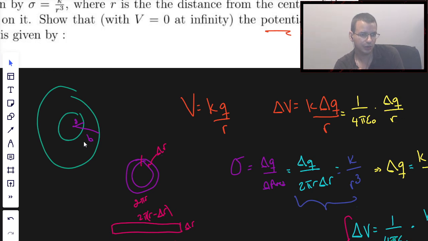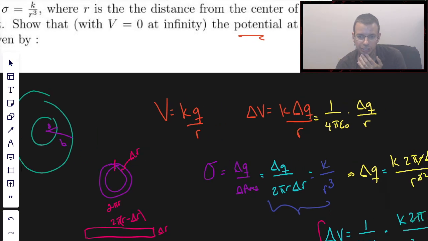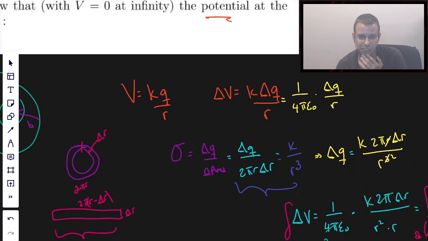And so what we did then is we could say that we're going to have a small bit of voltage for a small bit of charge, that delta Q.